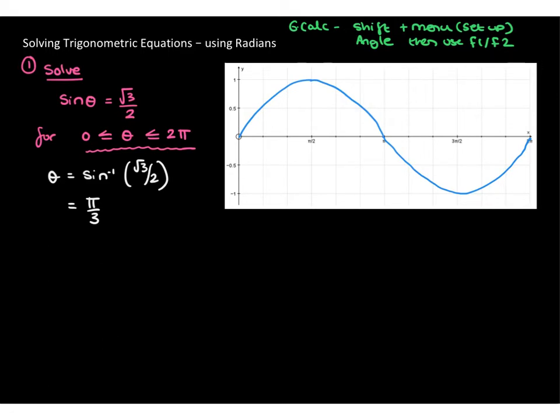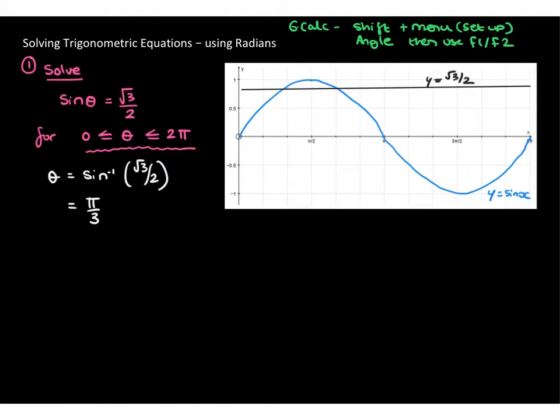So I'm going to draw in a horizontal line to represent root 3 over 2, which will probably be about here. So there's the line y equals root 3 over 2, and here's the graph of y equals sine x.